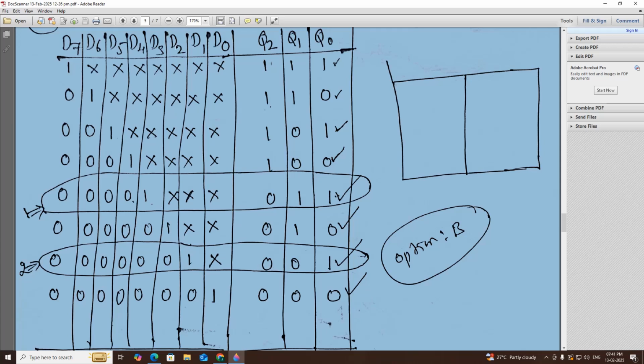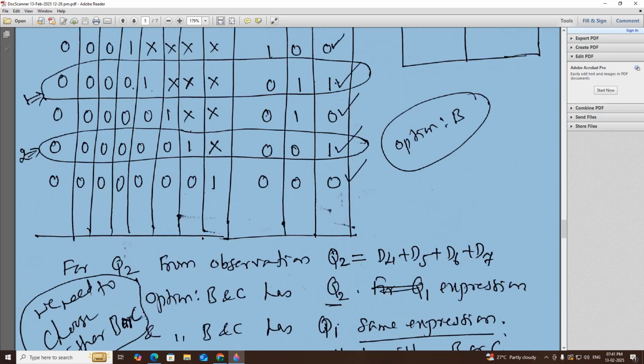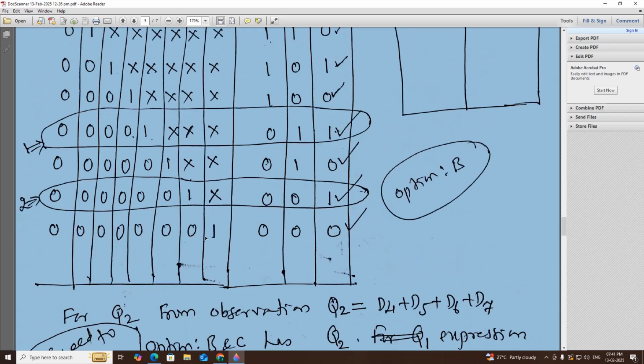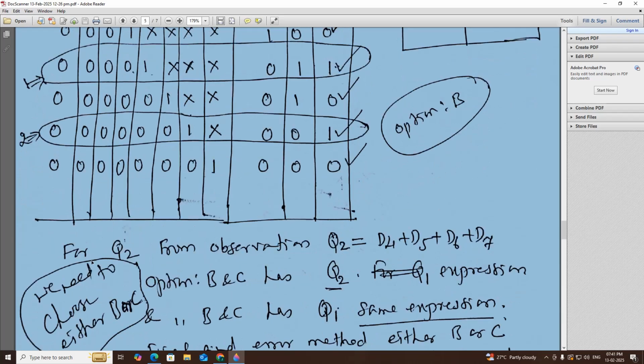For example D2, this is 2, so I have to write 2, that is 0, 1, 0. So you simply write the binary equivalent of the subscript of the data if it is 1. And then let us try to find Q2.